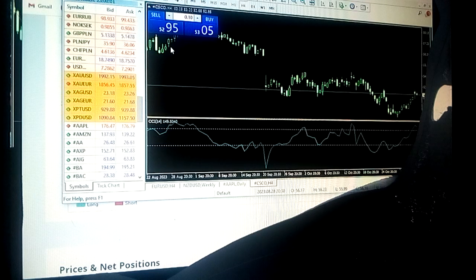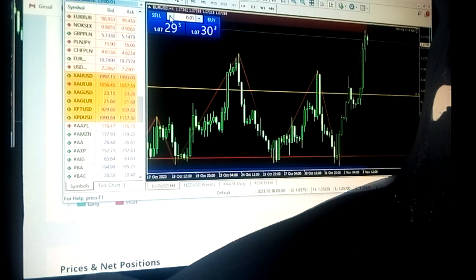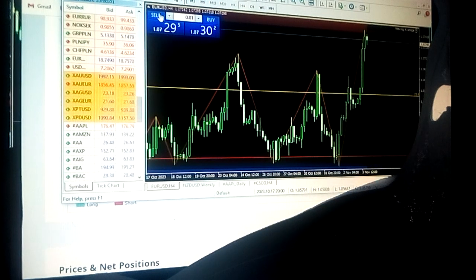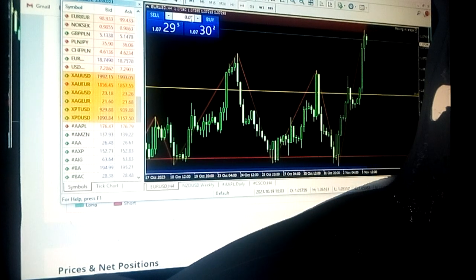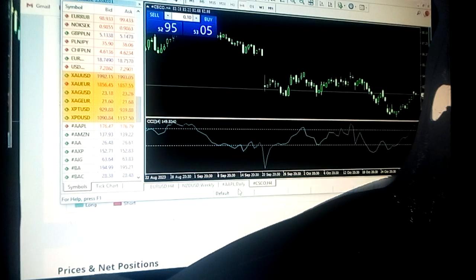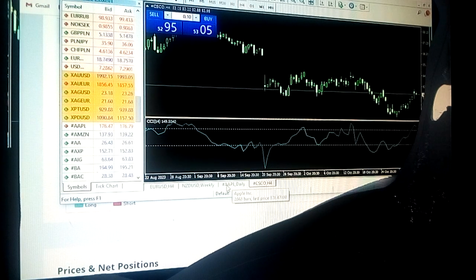Let's come here. You see, in stocks, the lowest you can trade with or buy is 0.10. Let's go to Euro USD. You see, the lowest you can trade with is 0.01. Okay, this is a big difference, because most of these ones, it's only institutions who normally trade them.